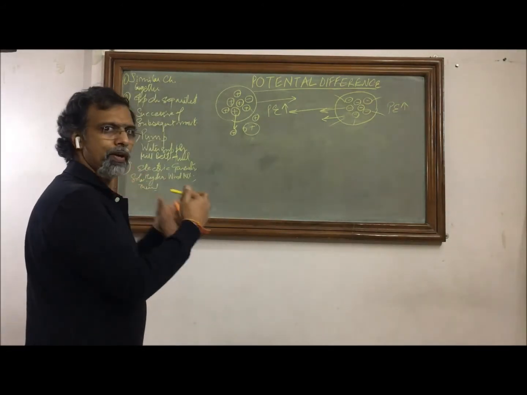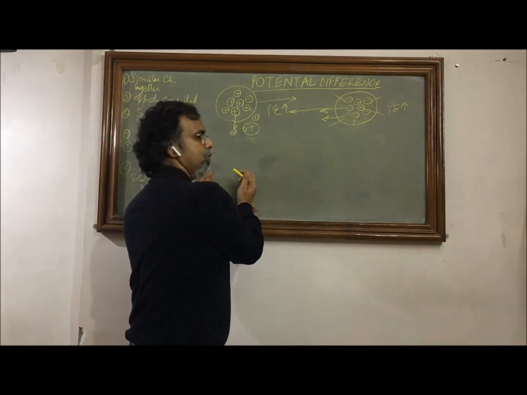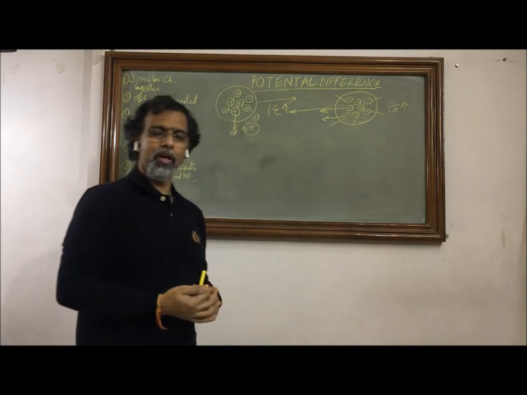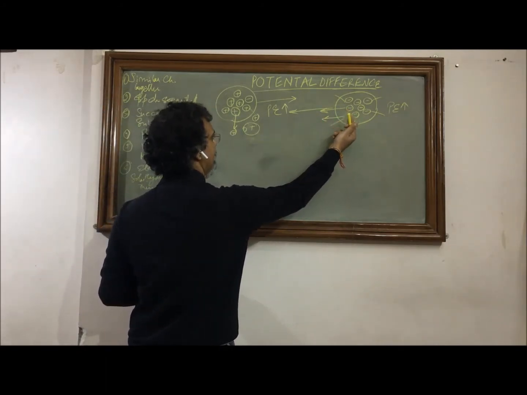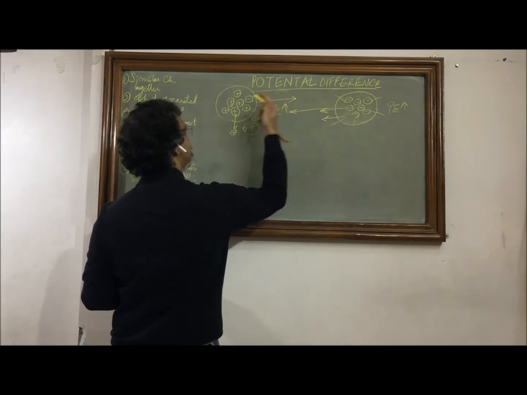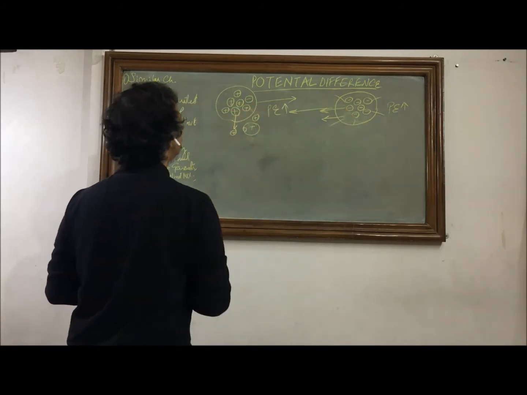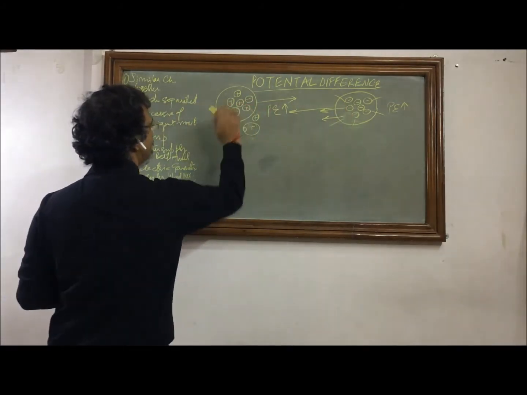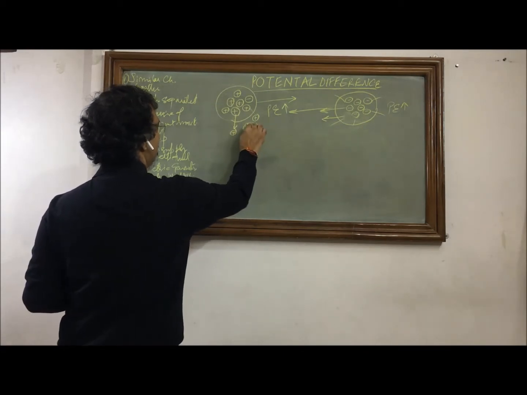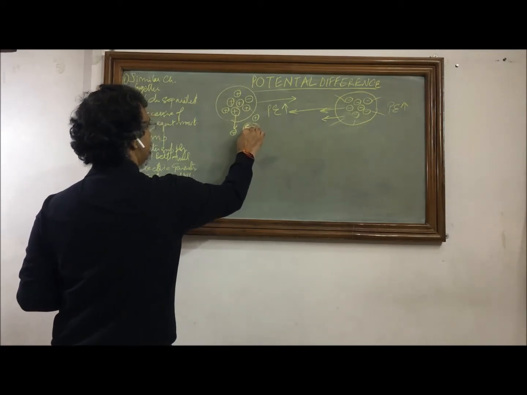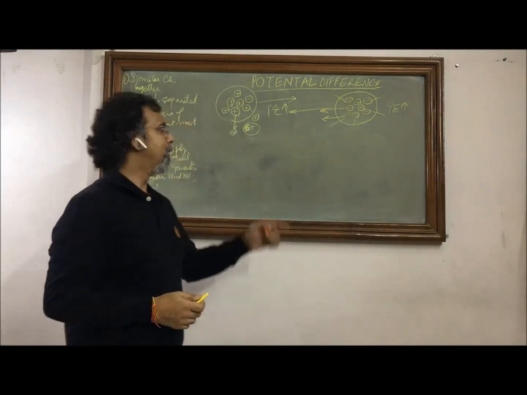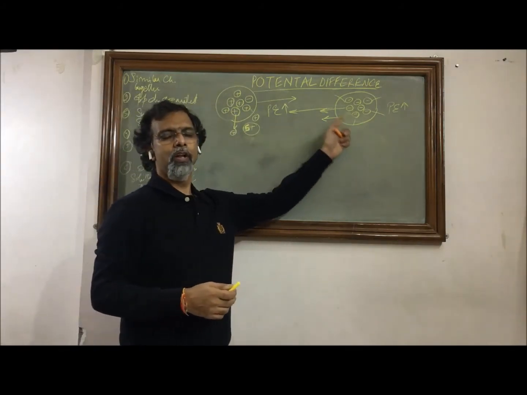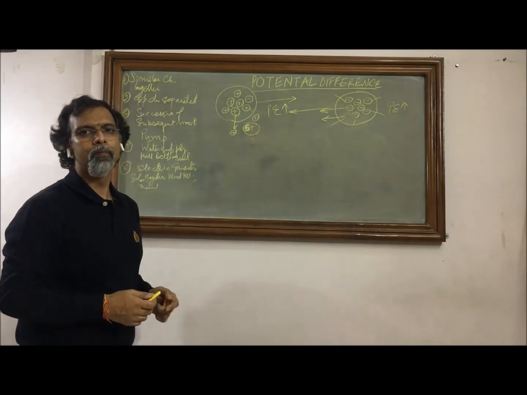So there was a force of attraction between 6 positive and these negative charges. Now when one electron or one negative charge has flown from this point to this point, practically you would find that now this is not 6, this has become 5 plus.